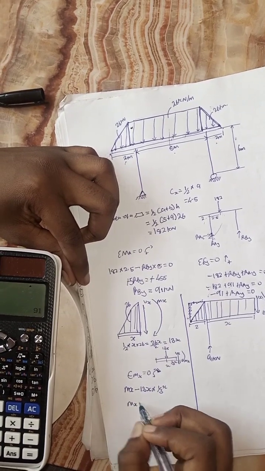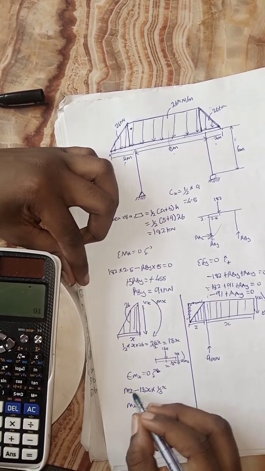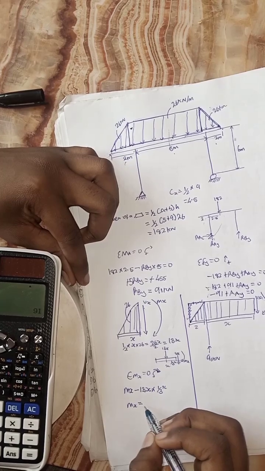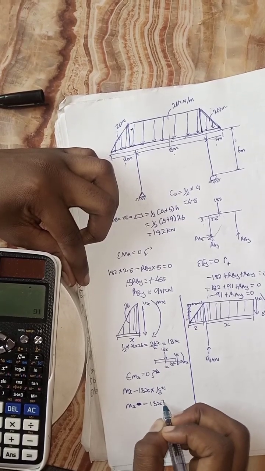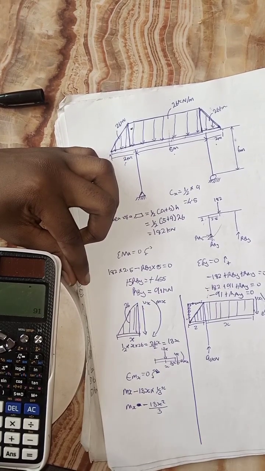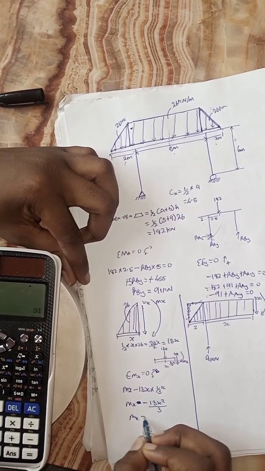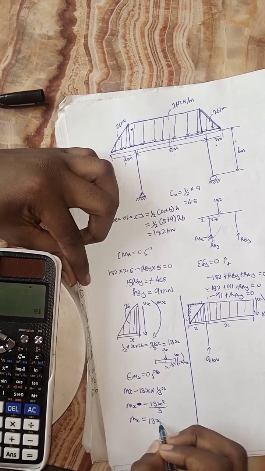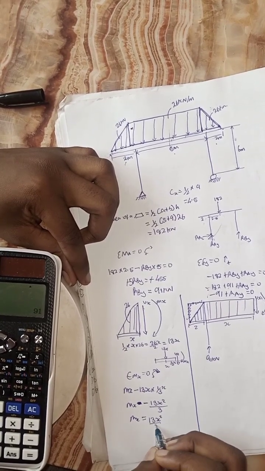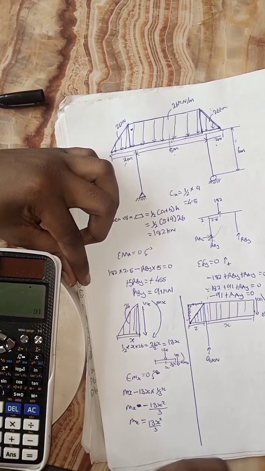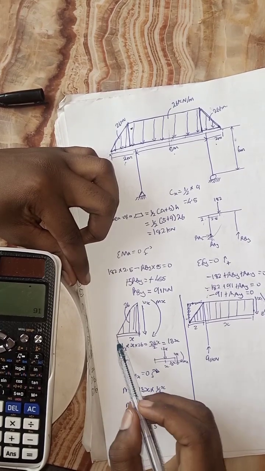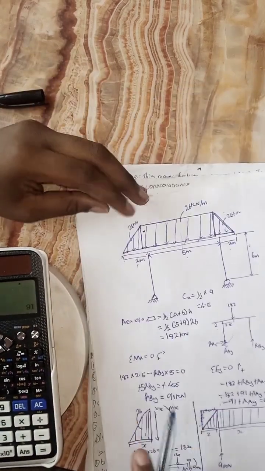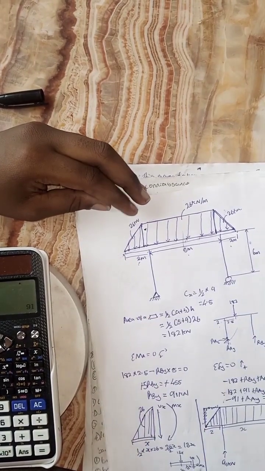So Mx will be equal to 13x squared over 3. I hope you understand. When x is equal to 0, it's obvious that Mx will be equal to 0. And x is from 0 to 2. That's the maximum length of x.